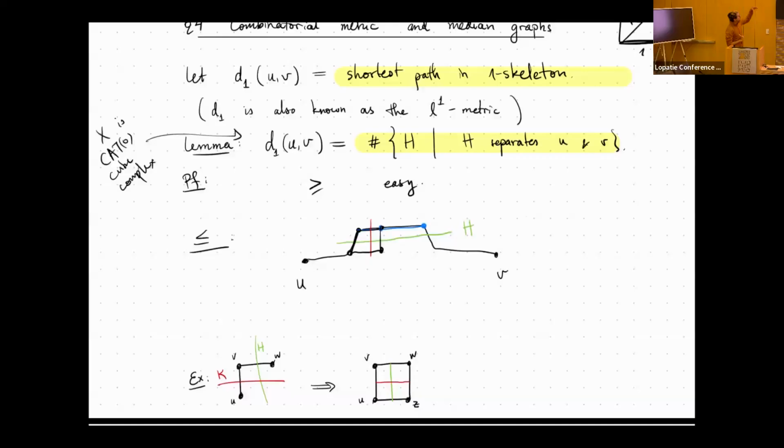Now I can change my path. Instead of going along the blue as before, I'll change it to go through here. What did I gain? My blue interval from the beginning got shorter. So by induction, at some point it's going to be 1 point, and 1 point just means you're backtracking.